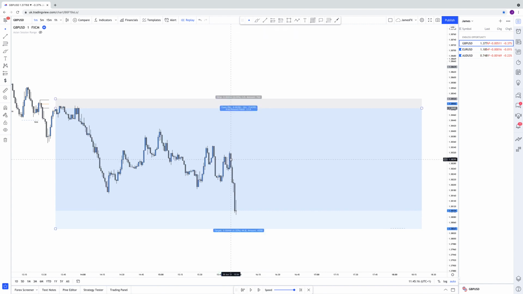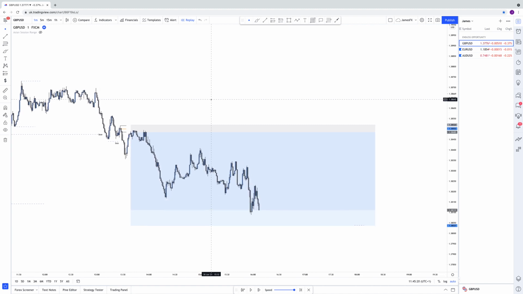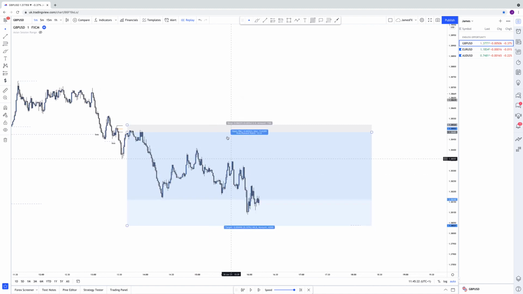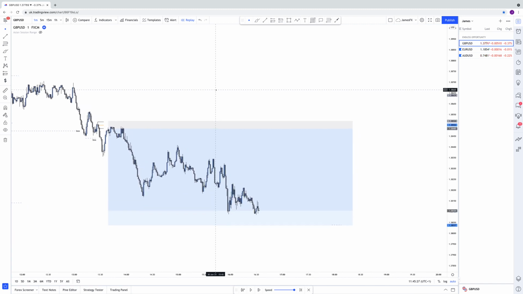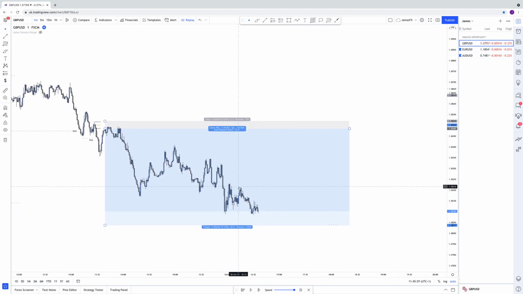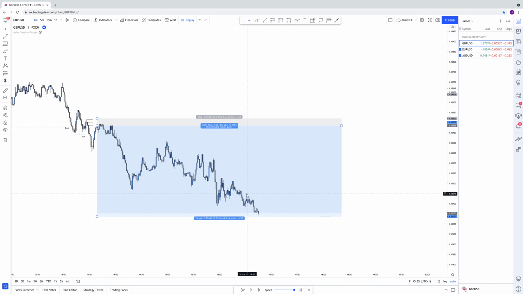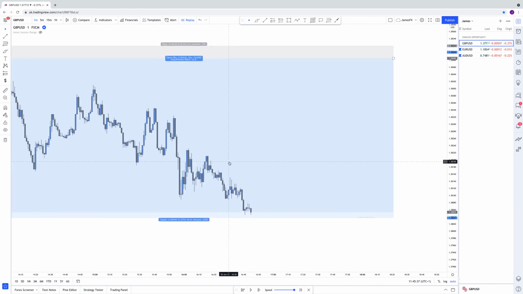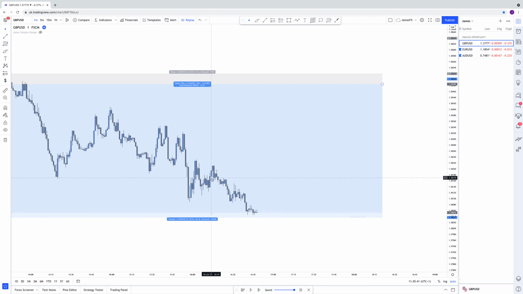So I was looking to see if price will come into that area, and it fell short of it. And then we put in a new lower low here, and I've moved to that lower high, and again I've moved to that lower high. So basically just following the structure and the most recent lower highs.